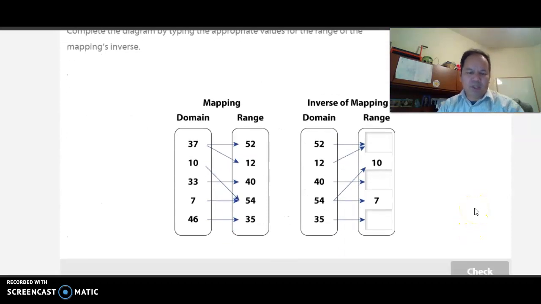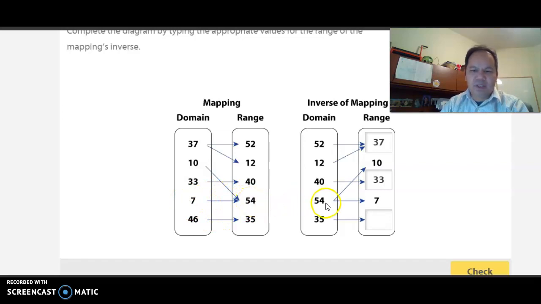So again, we're going to do this. 37 maps onto 52 and 12. So now with 52 and 12, we flip them, so it becomes 52 maps to 37, and 12 to 37. 33 maps onto 40. The inverse would be flip them, 40, 33. Look at 10 maps onto 54 and 7 maps onto 54.